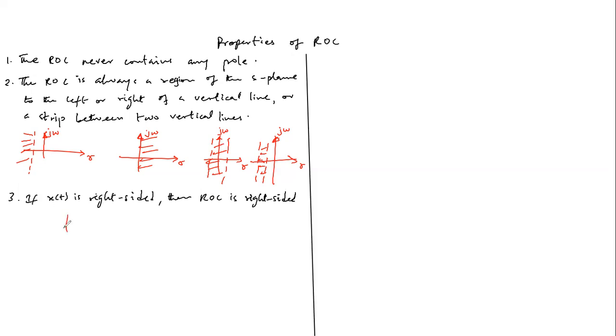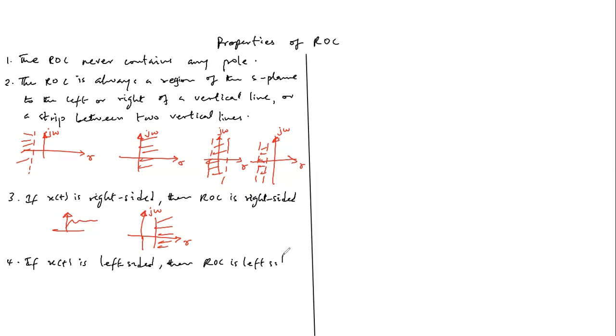So let's assume the signal is right-sided. Then the region of convergence, j omega sigma, is going to be right-sided. Okay? And if the signal s of t is left-sided, then ROC is left-sided.